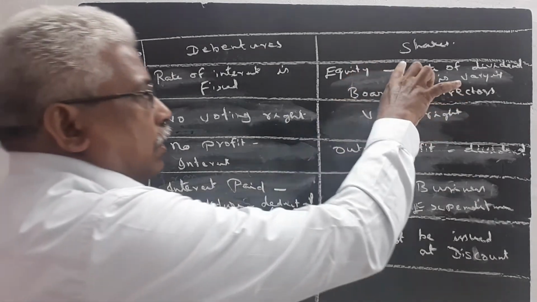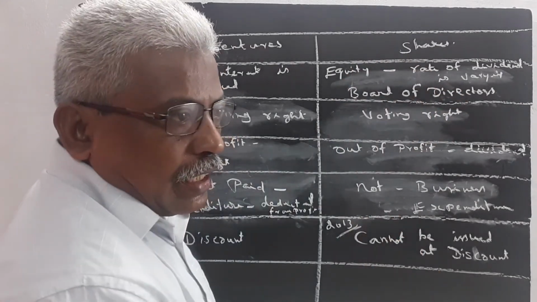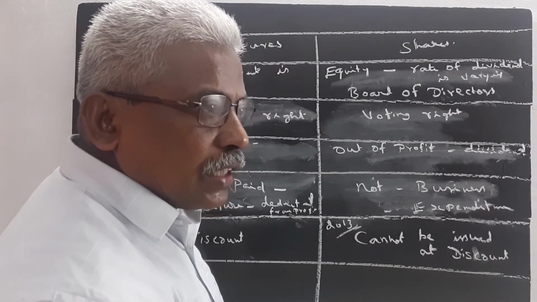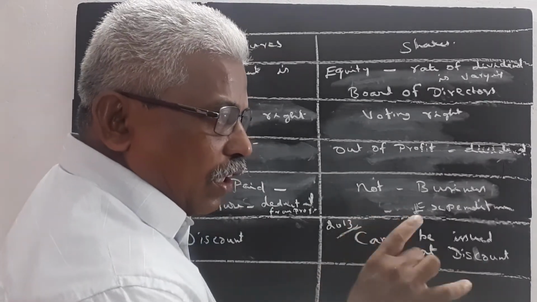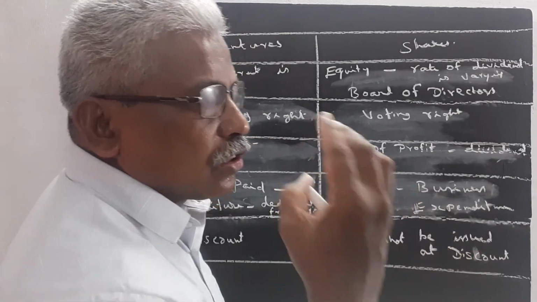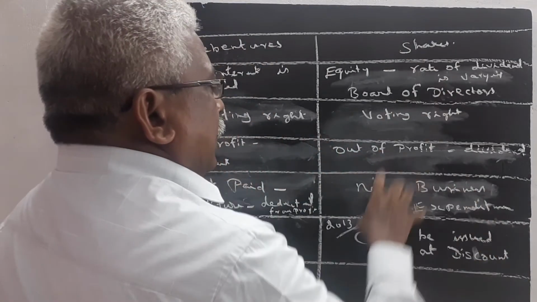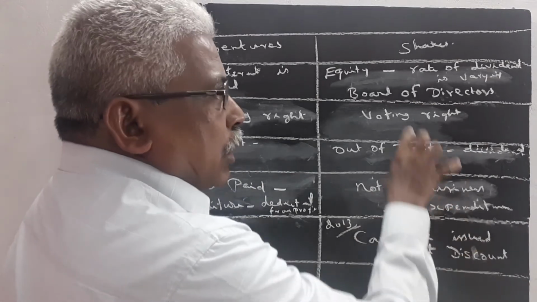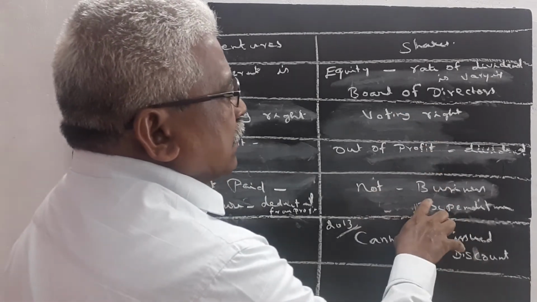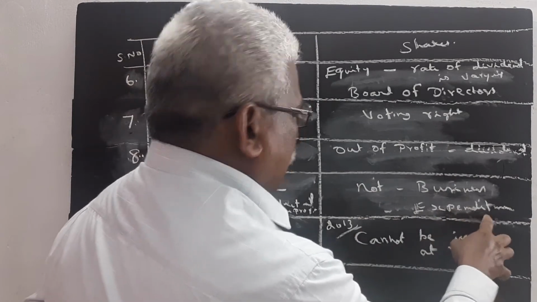But the dividend declared is not considered as a business expenditure. It is not entered in the profit and loss account, but it is entered in the profit and loss appropriation account. So the dividend given to the shareholder is not considered as a business expenditure.